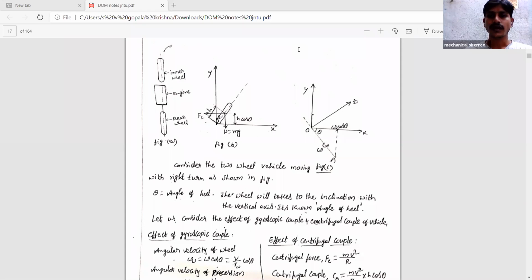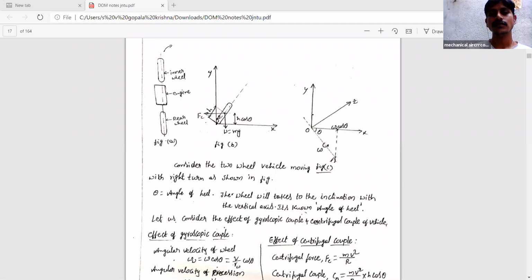Okay. And now the smallest amendment between the earlier derivation and this derivation is that here OA is there. This is the axis of spin. Actually, we take the axis of spin as OA. So the wheel will have the angular velocity omega.